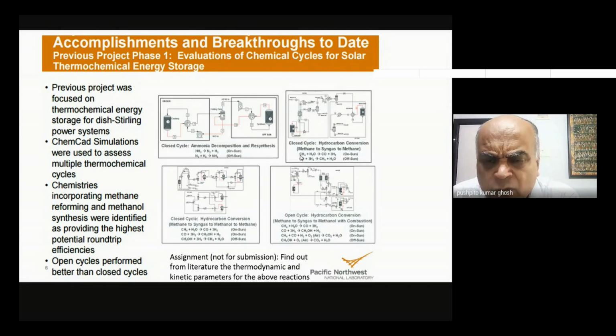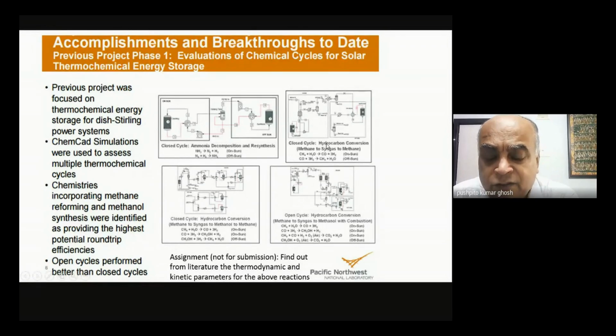If I have to do that, then why would I do the cycle? So I can generate the heat that is required to carry out this reaction using solar energy, concentrated solar energy. And the reverse reaction, which is that syngas, CO plus 3H2, reforming to methane and H2O, is thermodynamically spontaneous, so it releases heat.